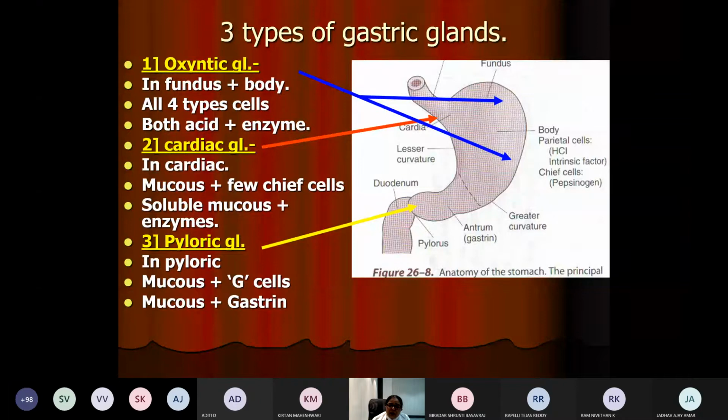Then cardiac gland, mucus plus few chief cells, so mucus plus enzymes. Then pyloric gland, mucus plus G cells, so mucus plus gastrin. So the 3 types are oxyntic gland, cardiac gland, pyloric gland.